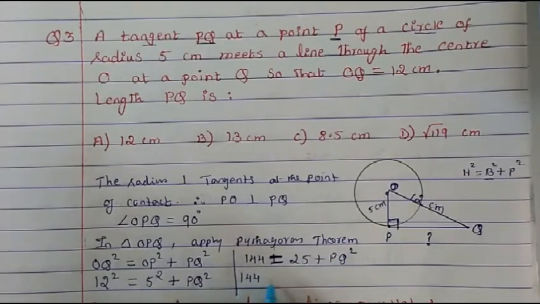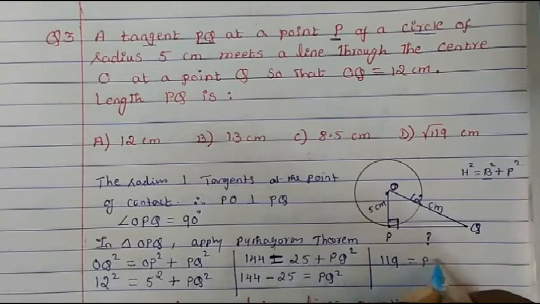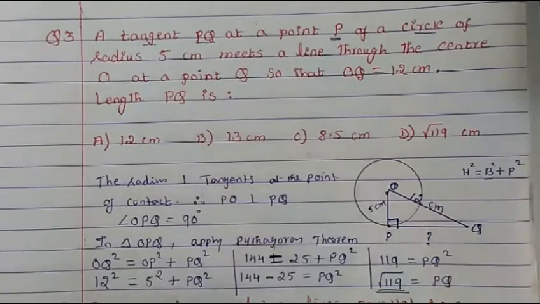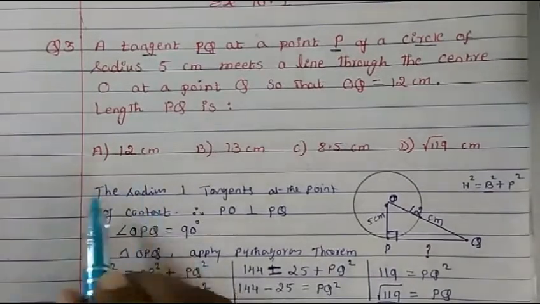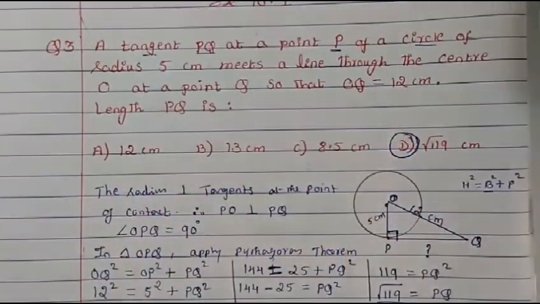Bring the 25 to this side and it becomes minus: 144 minus 25 gives us 119 equal to PQ square. Bring the square to this side, and it goes under root: PQ is root 119. This is what we had to find out, so our answer is here. Which one is correct? D will be the correct answer.